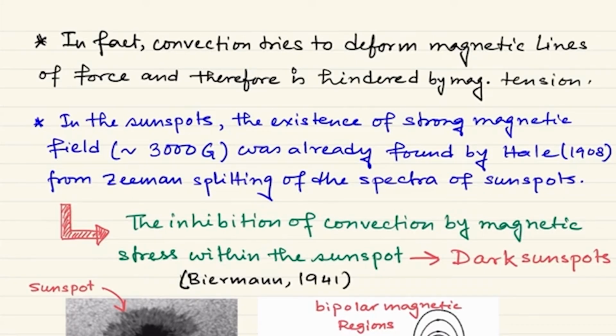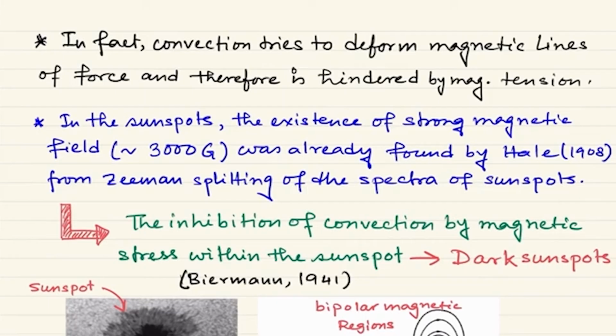Now why is this important? Because we all know that the sun contains dark spots on the surface and they are called sunspots. And one very popular question in space and astrophysics is why the sunspots are dark.